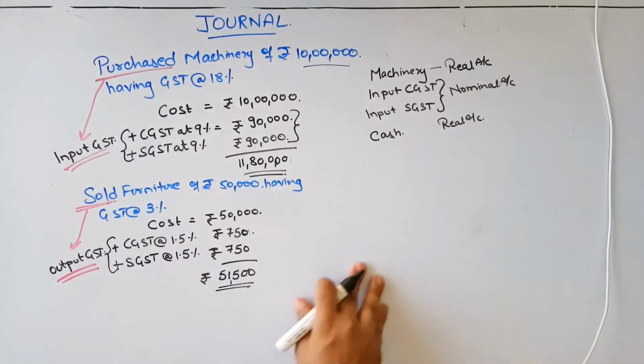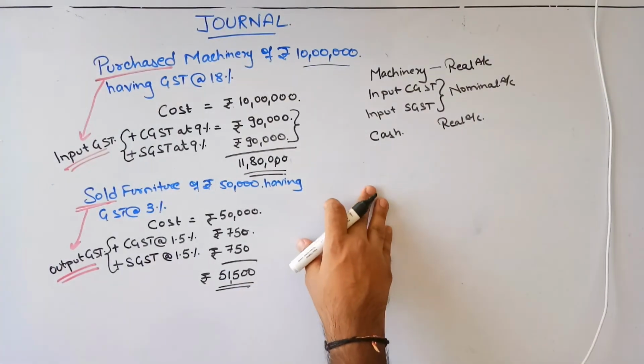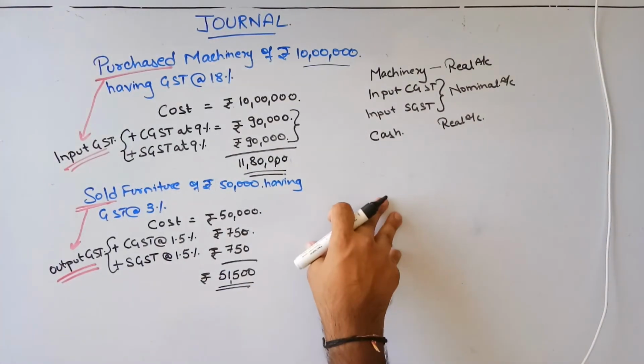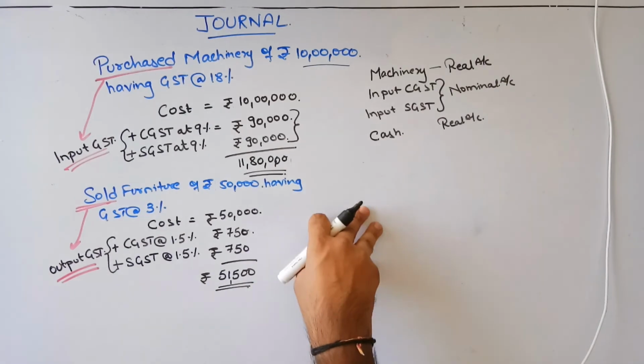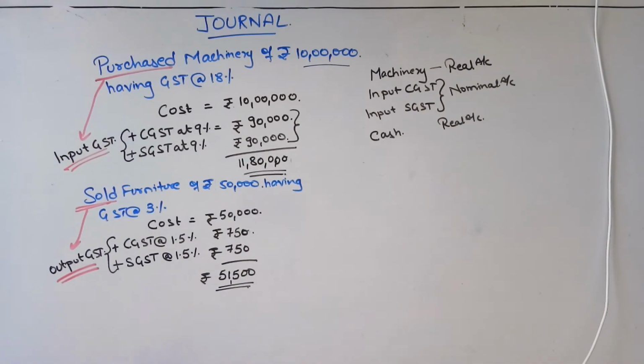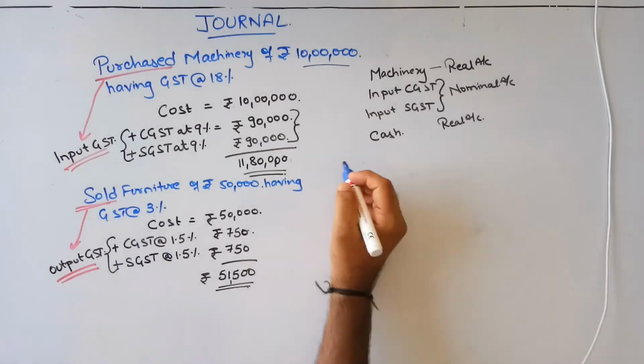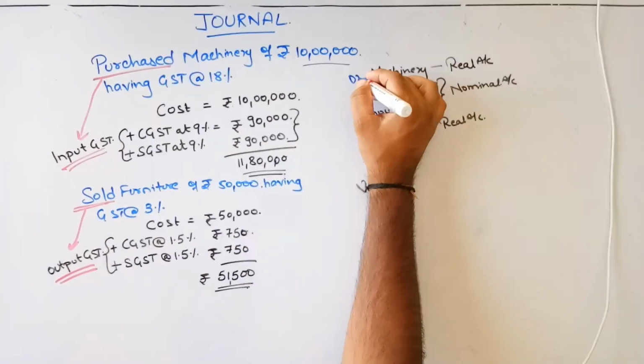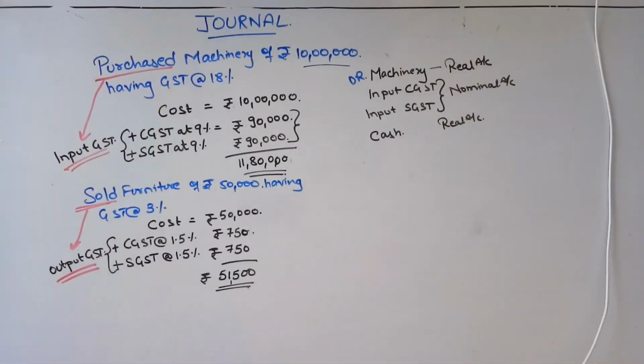Fine guys? If this is the scenario, tell me one thing, what will be debited and what will be credited over here? What will happen with the machinery account? First tell me, machinery is coming in. We are getting the machinery. So debit what comes in? Machinery account will be debited. Correct guys?